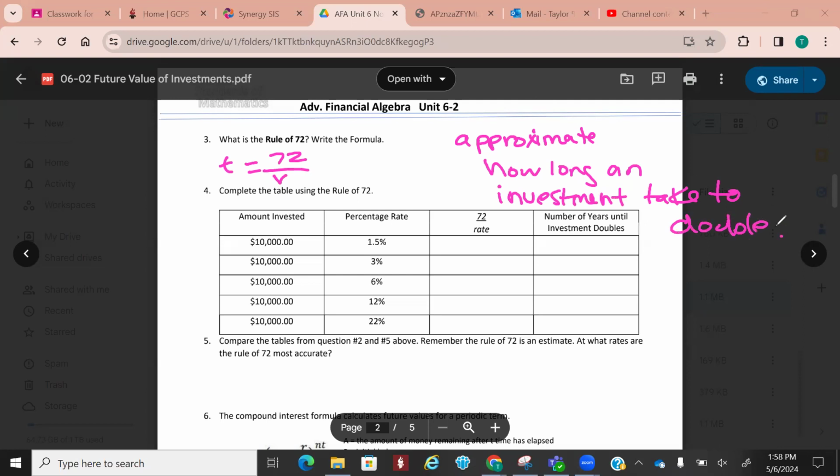R is the percentage. So in order for an investment to double, you're going to take 72 and divide it by your rate, with R as a percentage.